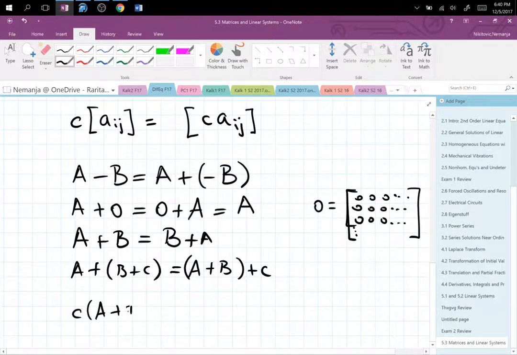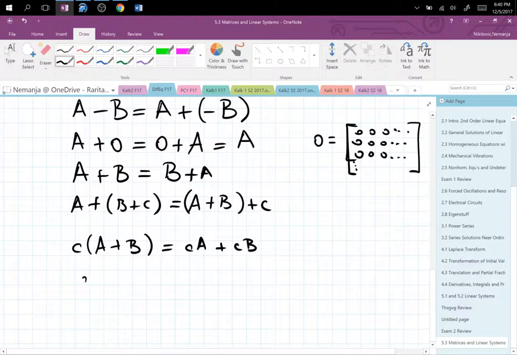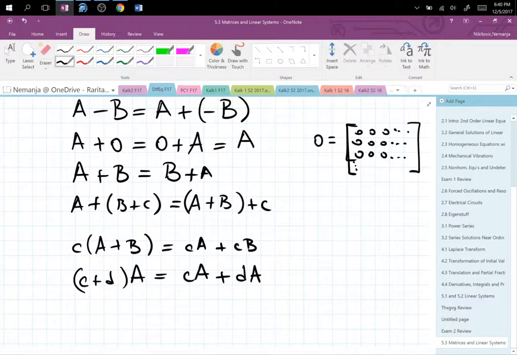So we have C times (A plus B) is CA plus CB, and (C plus D) times matrix A is CA plus DA. So that's the distributive property.